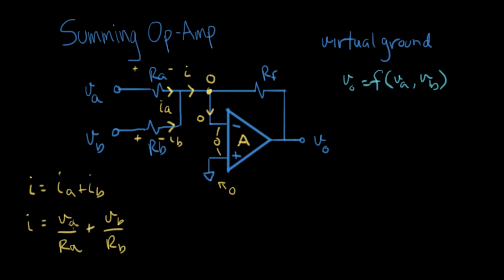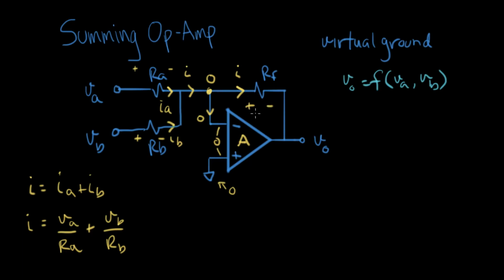All right, so that's one step. We've written this current in terms of what's going on the input side. Now, because the current into the op-amp input is 0, we know this current is I. If I is going into RF, we'll label the voltage on RF like that. Now let's write an expression for I in terms of RF and this voltage.